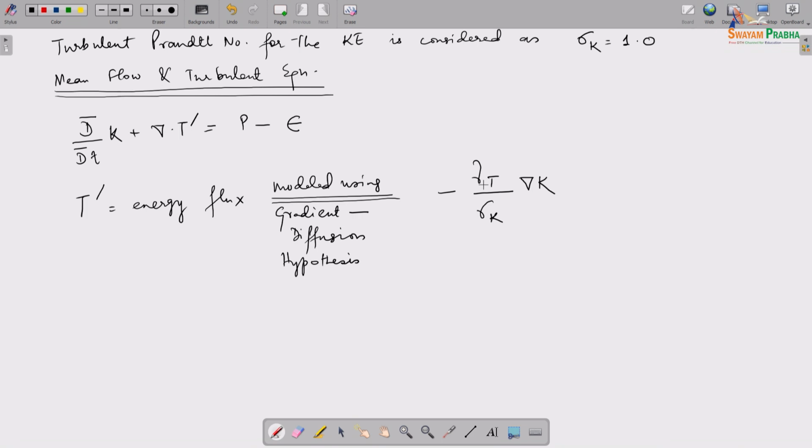So this is something we've described earlier. This thing is essentially the turbulent viscosity coefficient, and this is the turbulent Prandtl number.